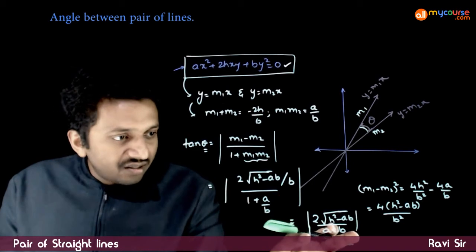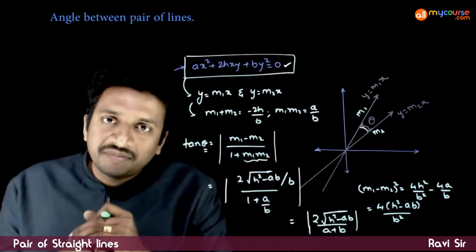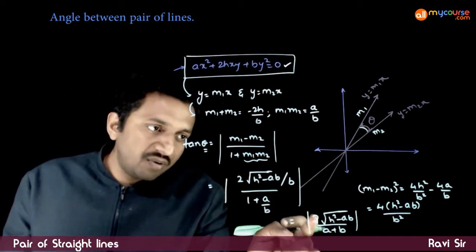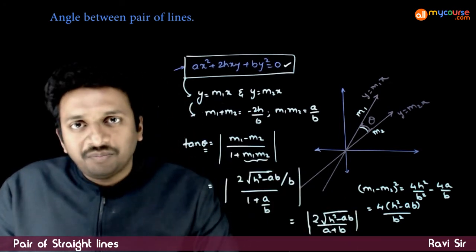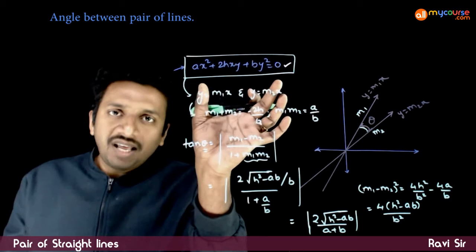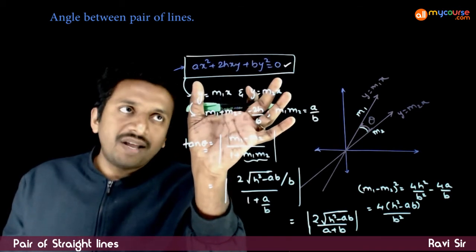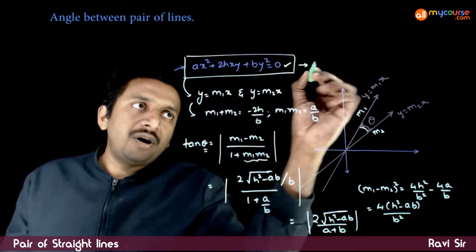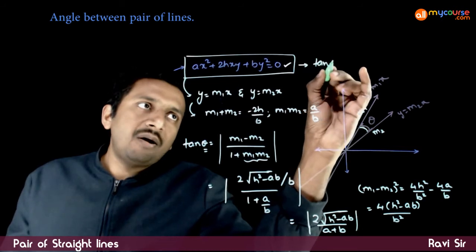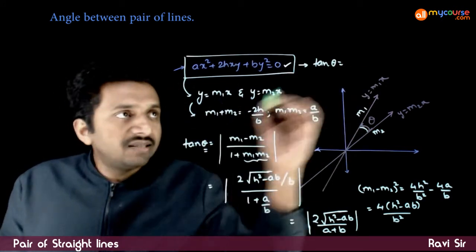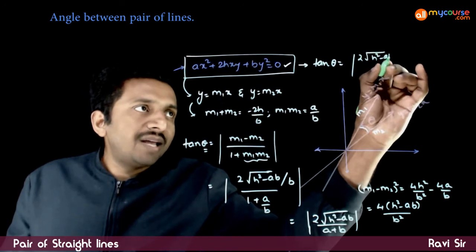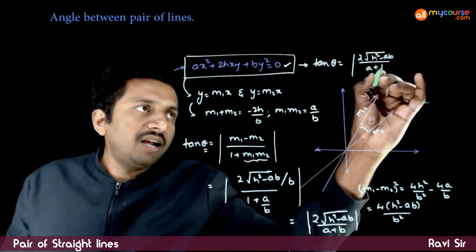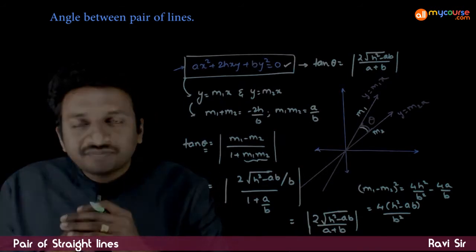So this is the formula for tan theta. Tan theta is equal to 2 root h square minus ab by a plus b. So if you take a pair of lines of this form, then the tan of the angle between the lines is mod of 2 root h square minus ab by a plus b.